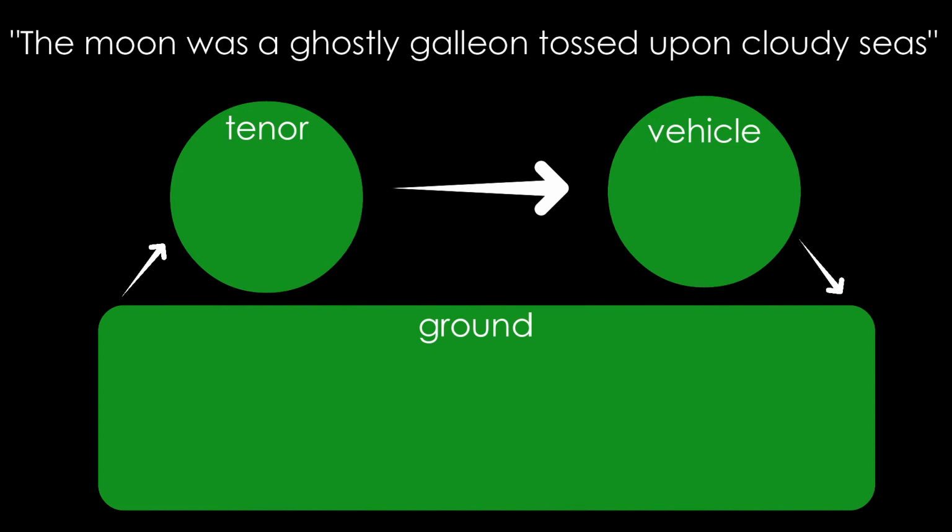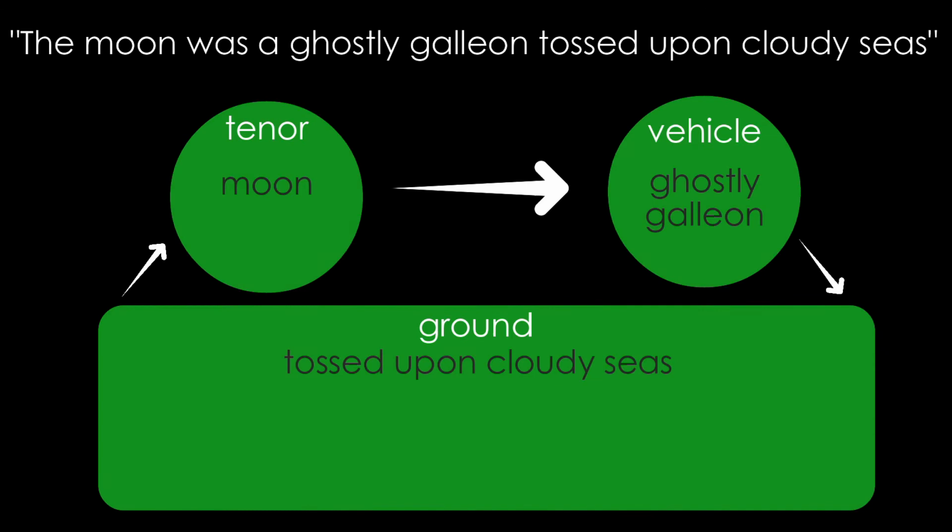We can see that the moon is the tenor, as it is what the poet is describing, and a ghostly galleon is the vehicle, as it is the image that the moon has been paired with. The poet has developed the metaphor by also including the ground, tossed upon cloudy seas, to describe the way in which the moon appears to move in the cloudy sky.